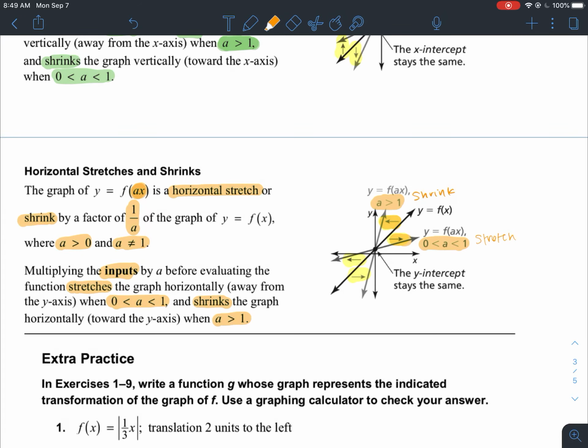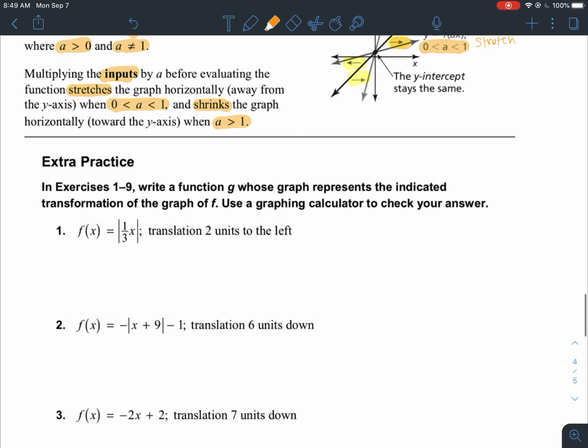Alright? So let's put this to practice, okay? So in exercise 1 through 9, write a function g whose graph represents the indicated transformation of the graph of f. Use a graphing calculator to check your answer. Alright, so for this first one, let's first identify what we're dealing with.